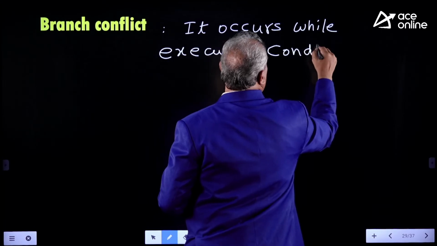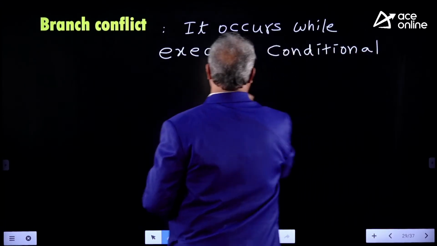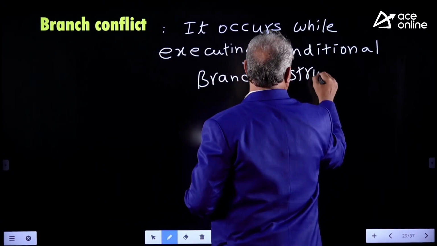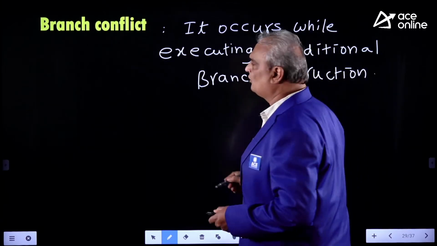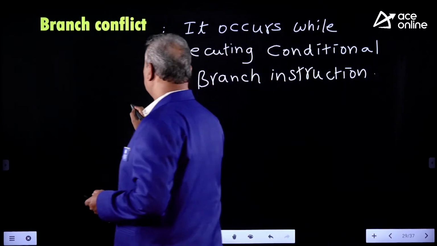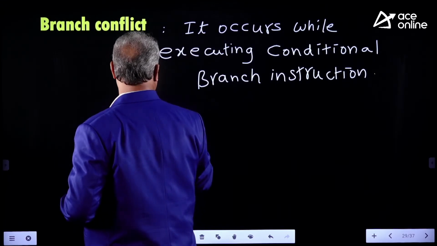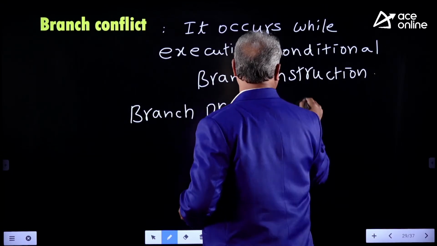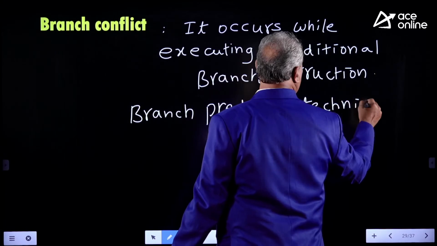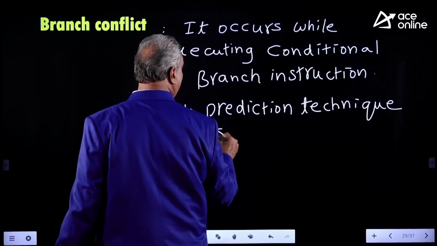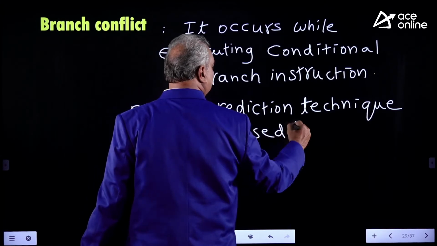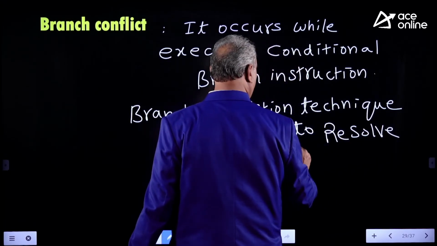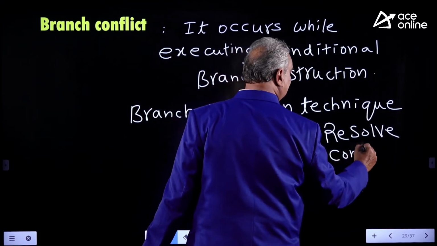To resolve branch conflict, the branch prediction technique is used. Conflict is also known as hazard.